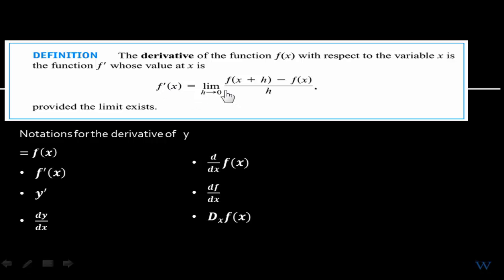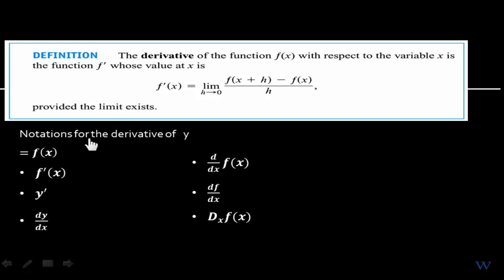So it's the slope of the secant line, and then we let h approach 0, then it becomes the slope of a line tangent to the curve. It says here that if this limit exists, then that's the derivative of the function at x.